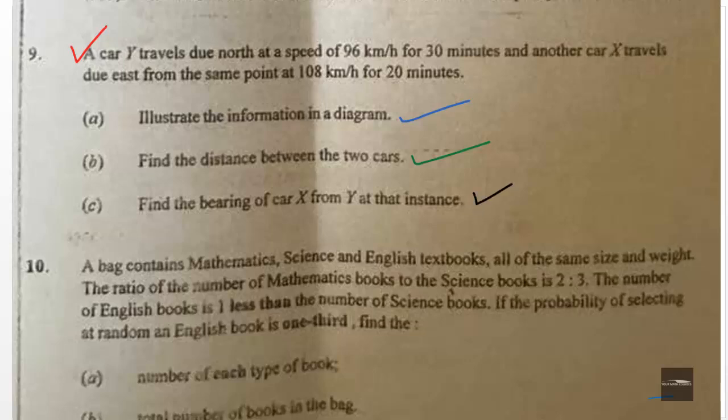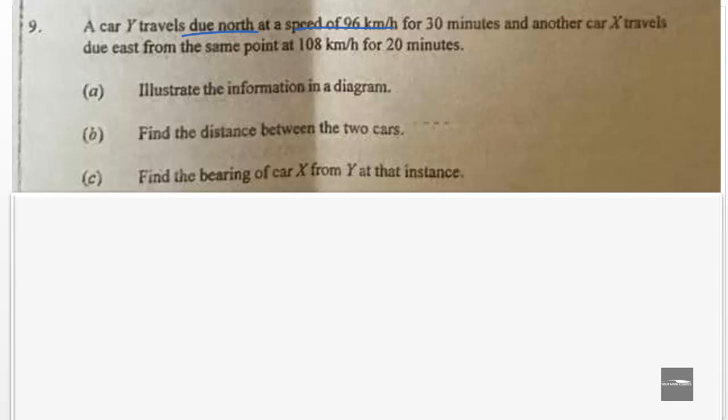So let's begin. From the question, we're given that the car travels due north at a speed of 96 km per hour and the time is 30 minutes.